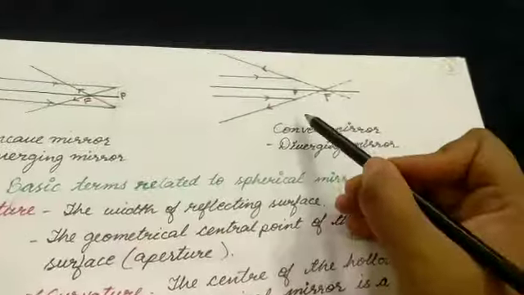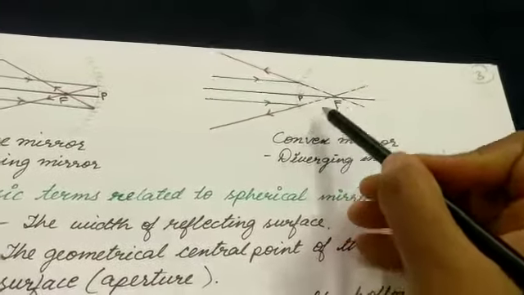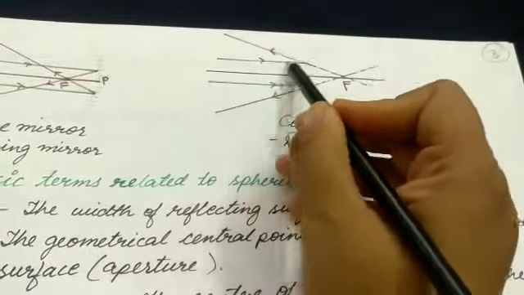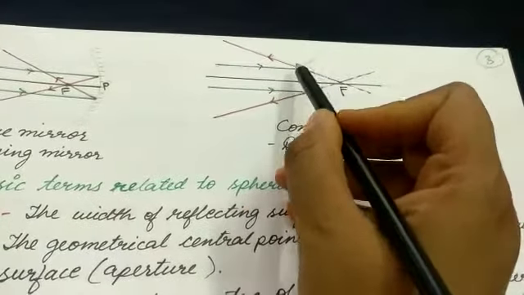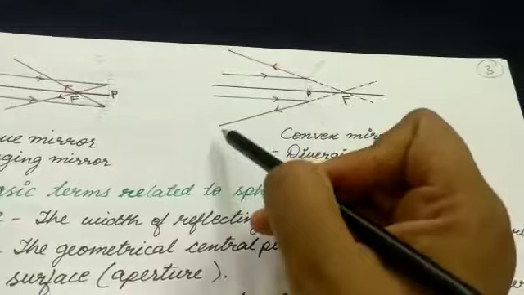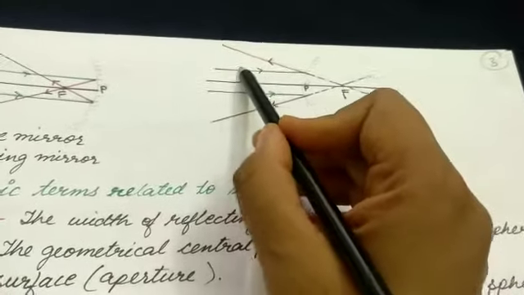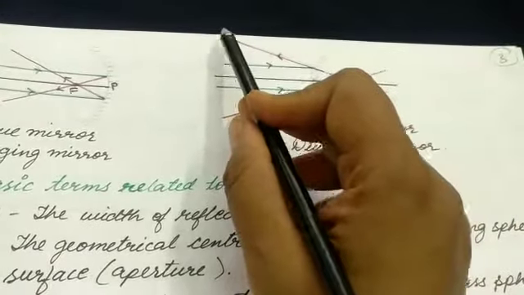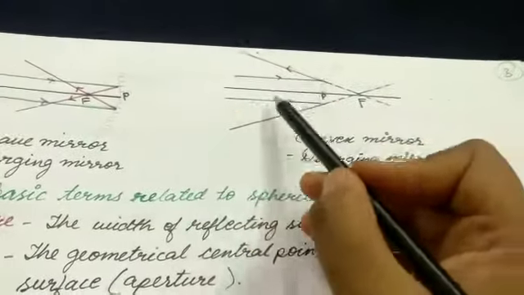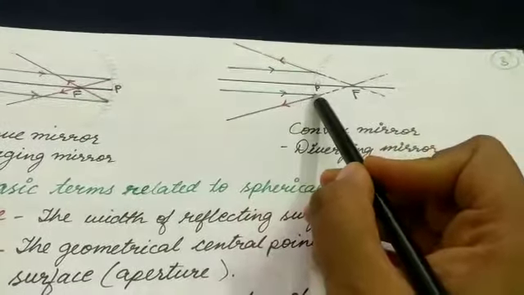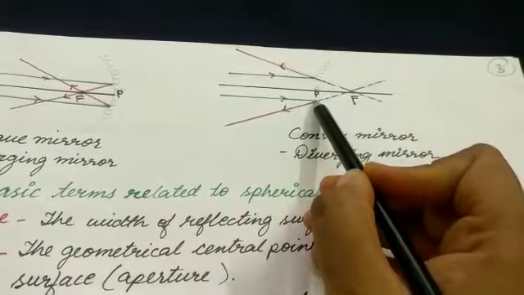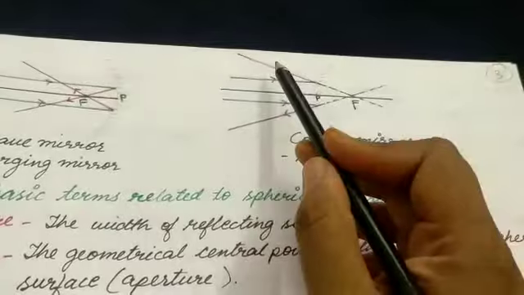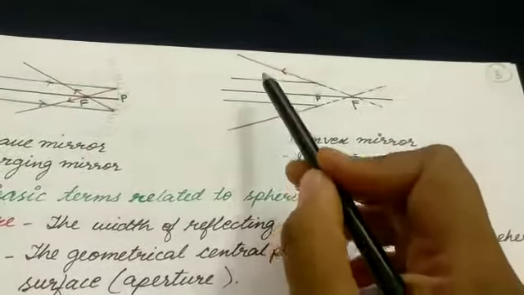What about the case of convex mirror? In convex mirror, the parallel light rays after reflection diverge in different directions. Here this is the incident ray, and it is moving in another direction. They are spreading out. Here also the light ray which is coming is the incident ray, and it spreads outward. So they are not meeting really at any point.